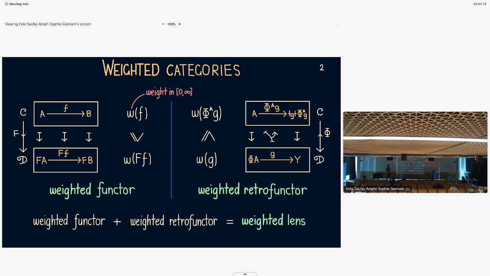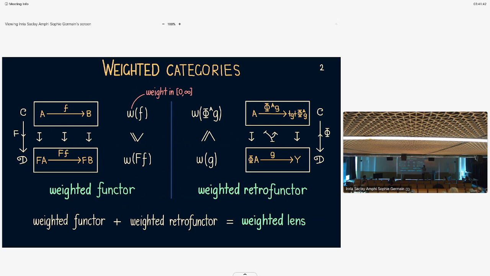And you can also define the notion of weighted cofunctor or retrofunctor. So here, again, it's just a retrofunctor between the underlying categories, such that the lifts are non-increasing in weights. So the weight of the lift of g should be less than or equal to the weight of g.